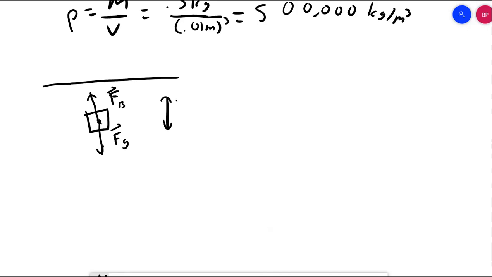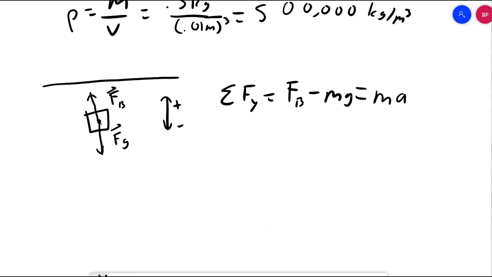If we use our normal up is positive coordinate system, then when we sum the forces on our cube, our buoyant force is positive because it's going up. Our weight is negative because it's going down. But this time it's not floating, it's sinking, which means that it is accelerating in the down direction. So this is not equal to 0 anymore. This is equal to our mass times our acceleration.